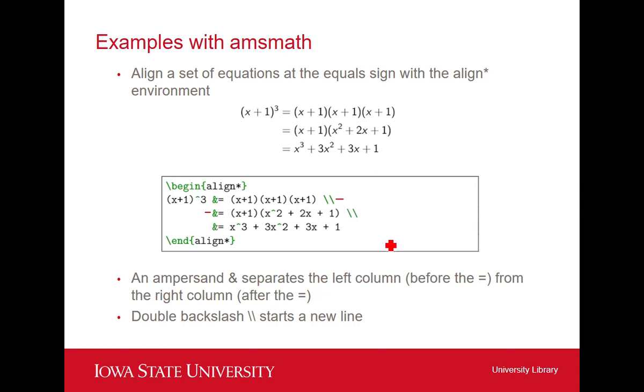And this double backslash here tells you to start a new line. You can line up a bunch of things on the equal sign as well. So the AMS Math package will give you access to new commands, new environments that aren't standard.